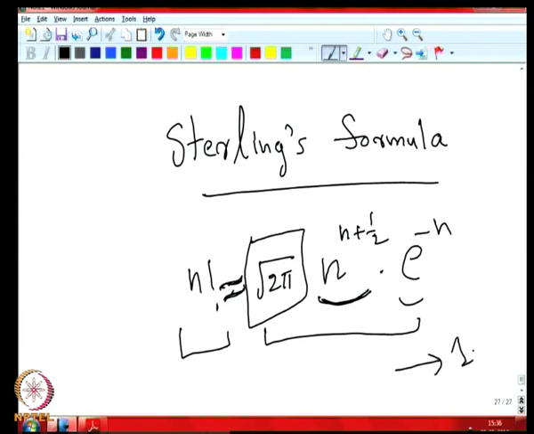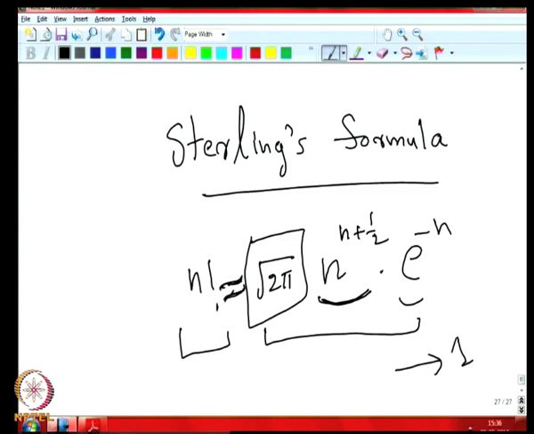That means as n becomes larger and larger, the ratio will tend to 1. That means they are almost equal, but one should not think that they will become equal for some very large n, it will never become equal.